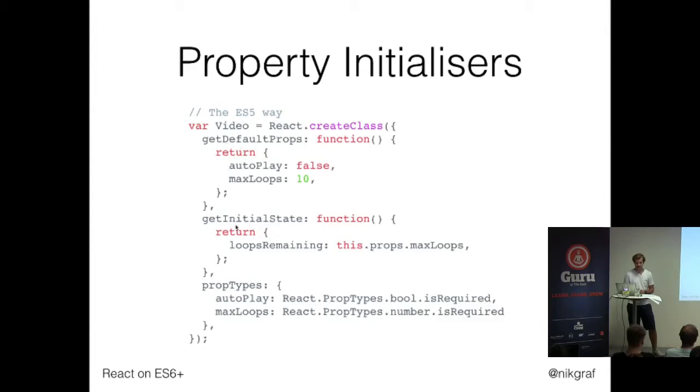We make a getter for the default properties. We make a getter for the initial state, and we define the prop types. This is all things that are very special to React. So if you get a new developer, she or he has to read up on that, and they have to figure out what is getInitialState. What does it mean in the context of React?